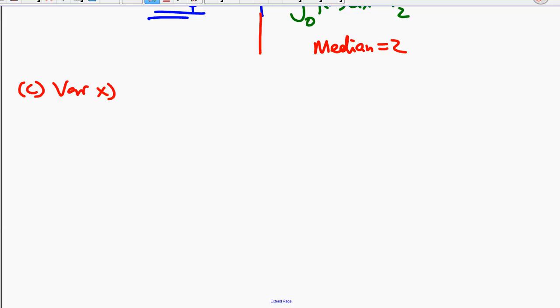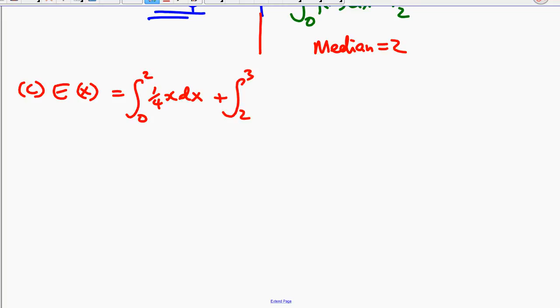The variance of x. Given that the value of k is a quarter, actually not the variance, the expected value of x will be equal to the integral from 0 to 2 of a quarter x dx plus the integral from 2 to 3 of a half x dx.